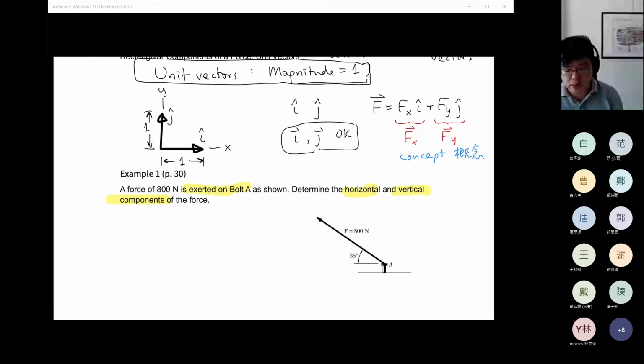Horizontal is this one, and vertical is this one. It is not perpendicular because vertical means this one, up and down. Components means this one.